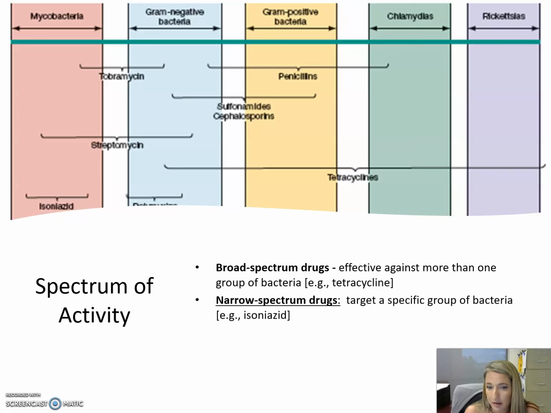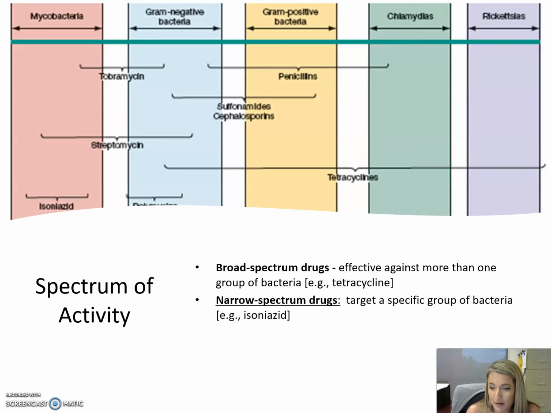I will say broad spectrum drugs are the default. Most prescribers prefer broad spectrum antibiotics because they can be used to treat all different types of bacterial pathogens, anywhere from urinary tract infections to ear infections to upper respiratory infections to skin infections.